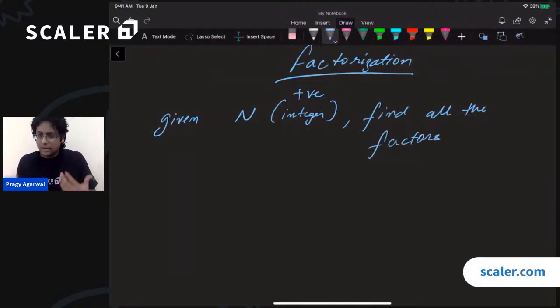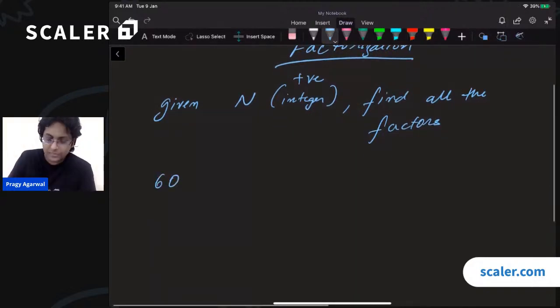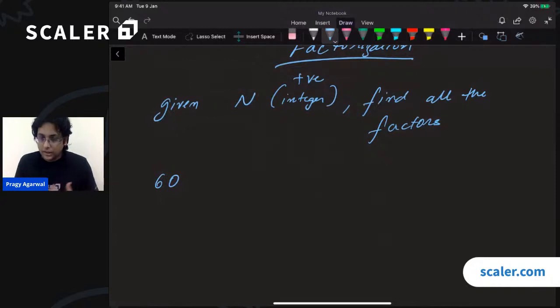So for example, let us suppose that you have a number like 60. Can someone tell me all the factors of 60? What all numbers is 60 divisible by? When we're talking about factors, we are talking about the positive integers that divide 60 and do not leave a remainder. So what numbers are those?